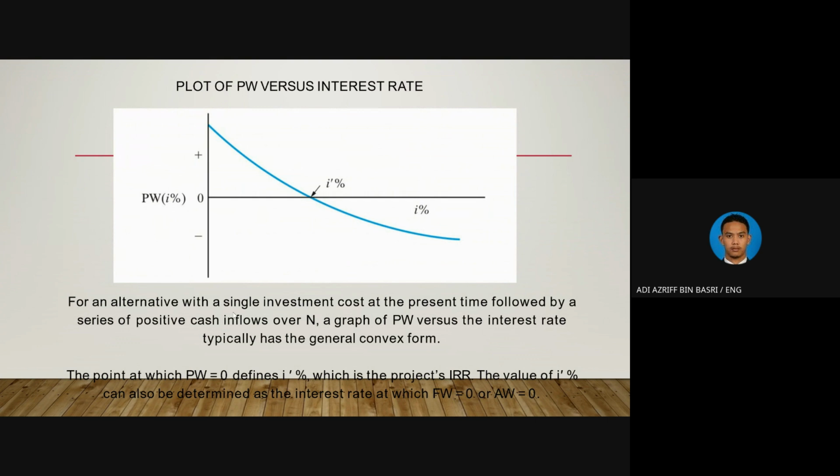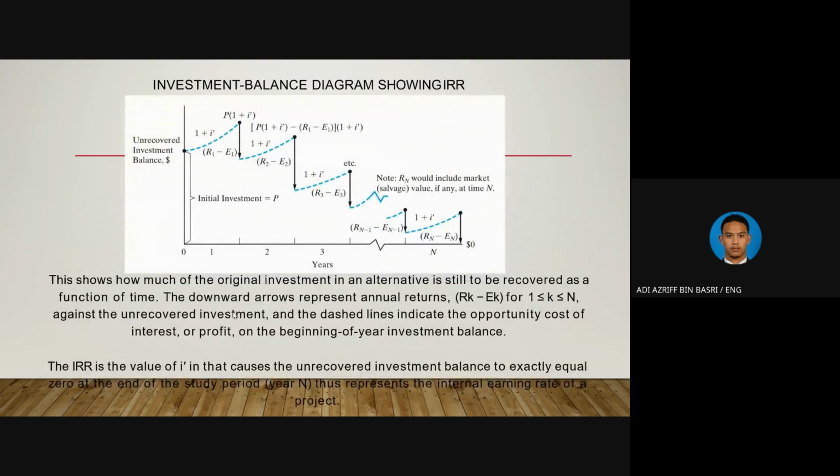The point where PW is 0 defines the I percent, which is the project IRR. The value of I percent can also be determined as the interest rate at which your future worth equals 0 or annual worth equals 0. So that is the point where you decide whether this is a worthwhile IRR or investment for your business.